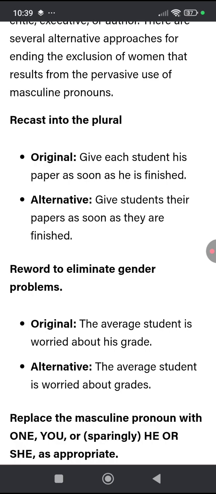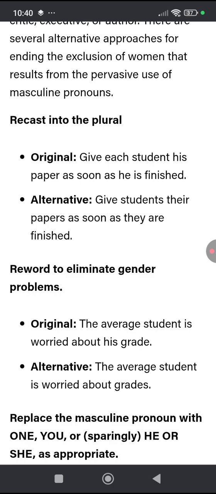There are several ways in which we can include women, so we can recast into the plural. In the original sentence, give each student his paper as soon as he is finished. So the words his and he are masculine. So it is thought here that each student is masculine, but the student can also be a girl, or feminine. So how do you include females also?